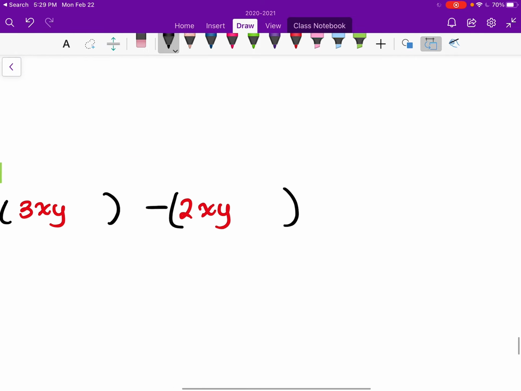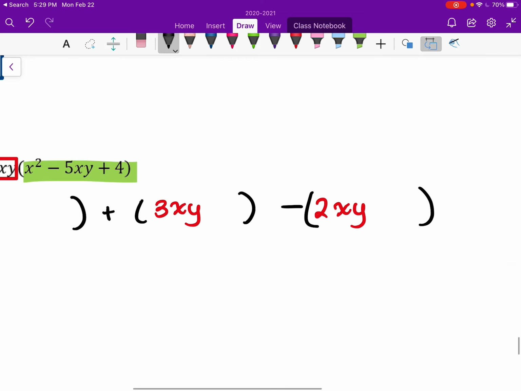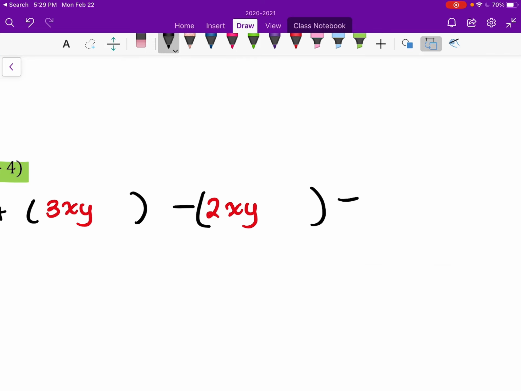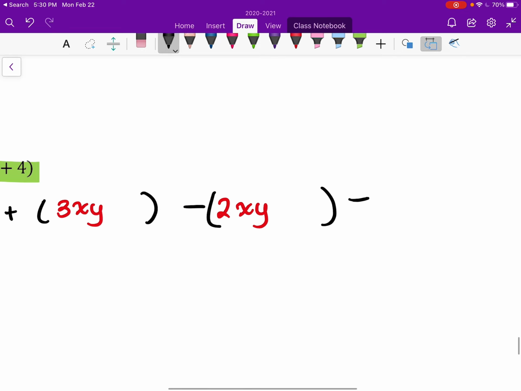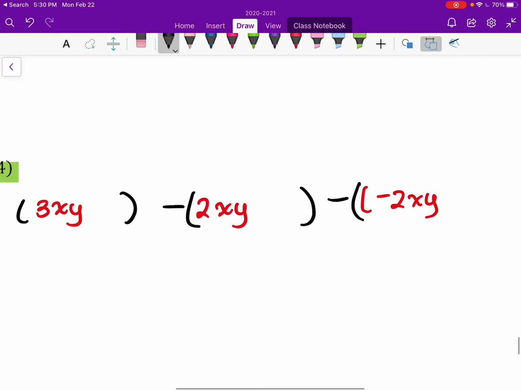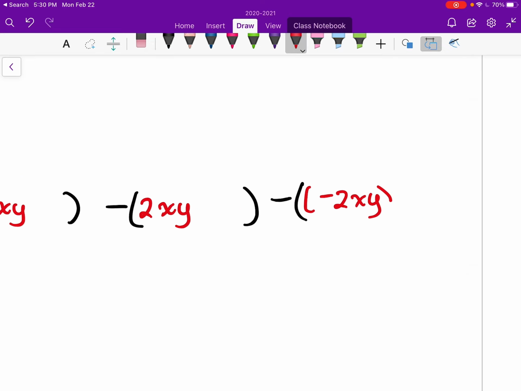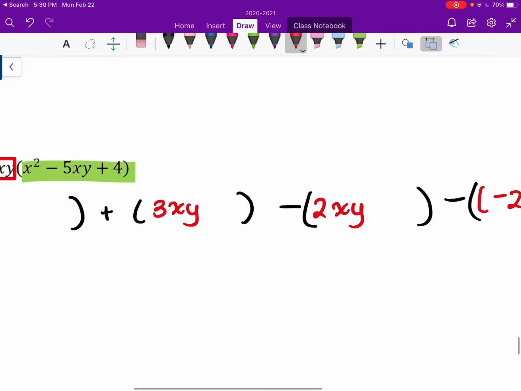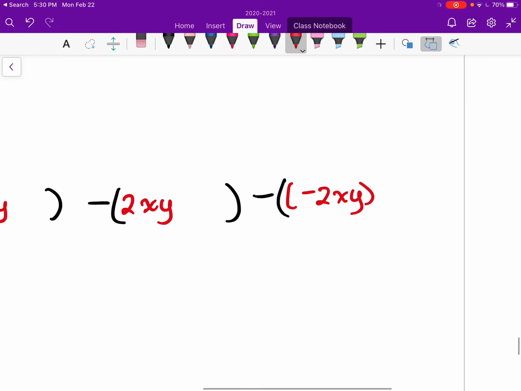Right? And then inside is minus 5x. Make sure it's negative 2xy. Right? Minus negative 2xy. Times.